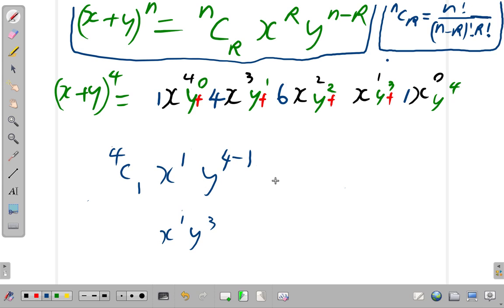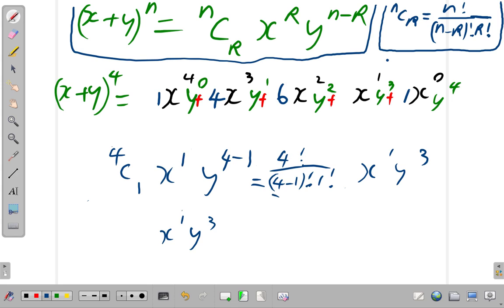Alright, so that will be 4 factorial over 4 minus 1 factorial, 1 factorial, times x to the 1 y to the 3. And it's x to the 1 y to the 3.